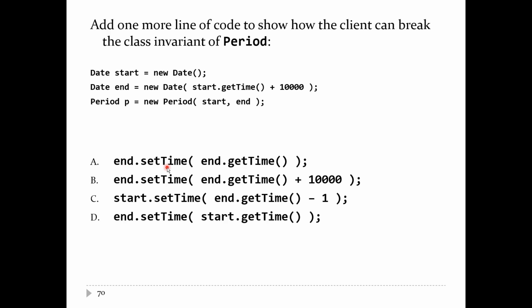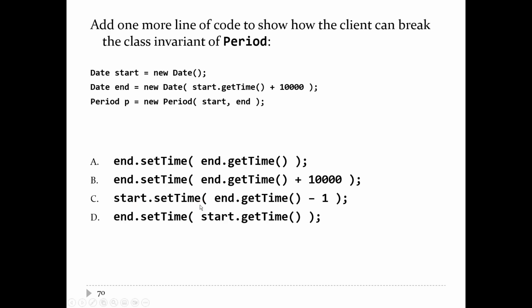If we write end.setTime(end.getTime()), that simply sets the end time to its current time, so that does nothing. If we write end.setTime(end.getTime() + 10,000), that moves the end time 10 seconds into the future, so that doesn't cause anything to break either.